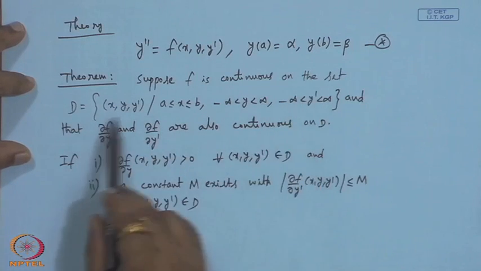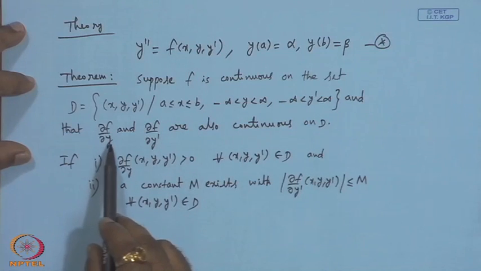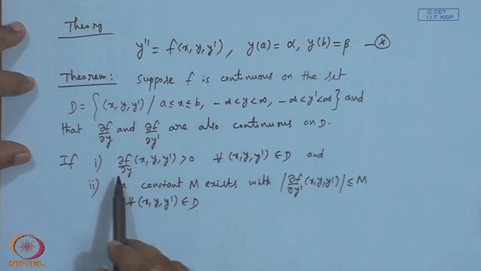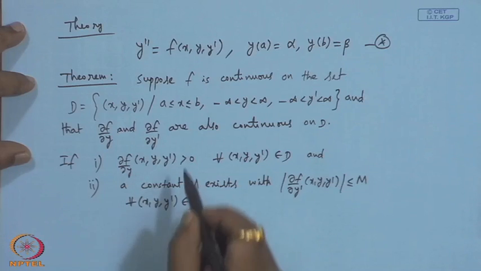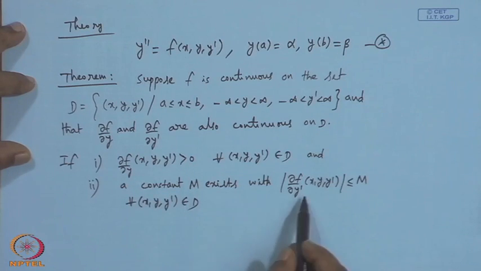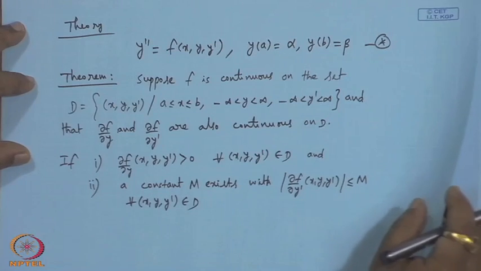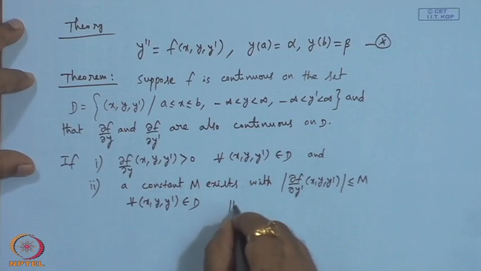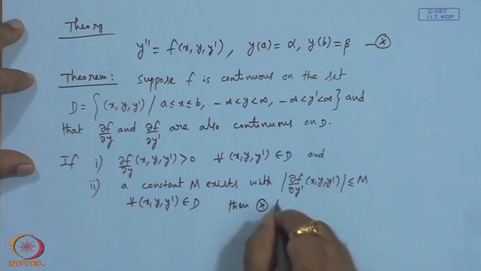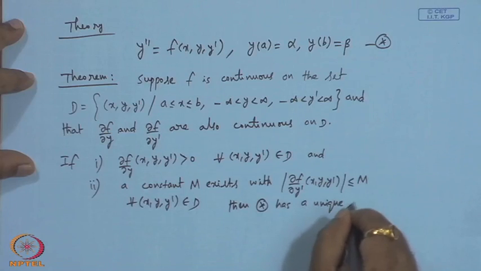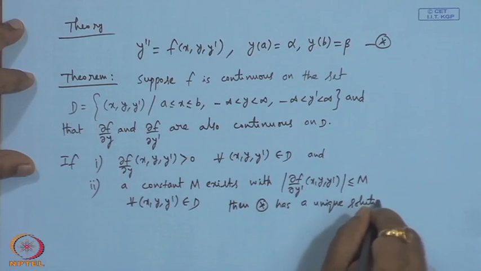Suppose f is continuous on this set and both the derivatives with respect to y and y prime are also continuous on this domain. If this is positive and if there exists a constant, so that means if the magnitude of this derivative is bounded, okay, then star has a unique solution.